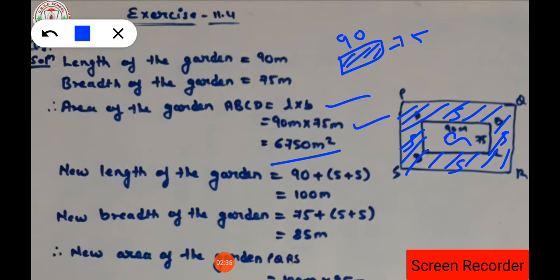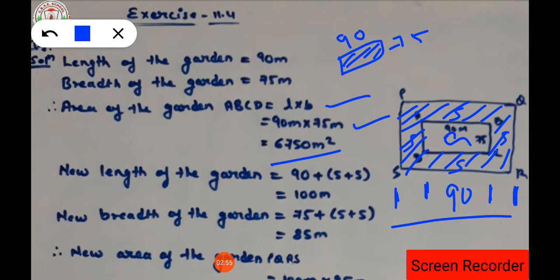Now the actual length of the garden is 90 meter, isn't it? When the road is drawn it is extended, so what will the total length of the garden including the road be? It will be 100. Let's see how.